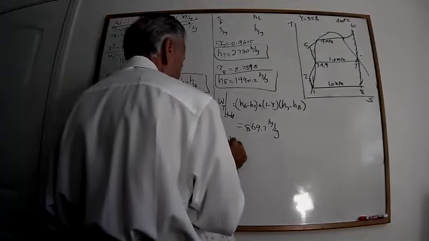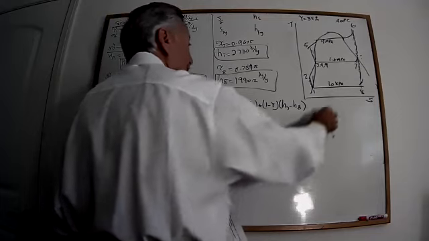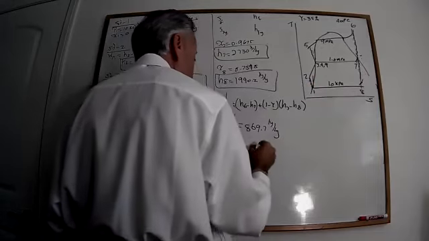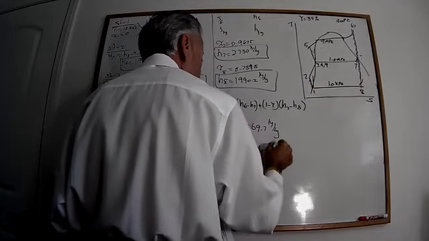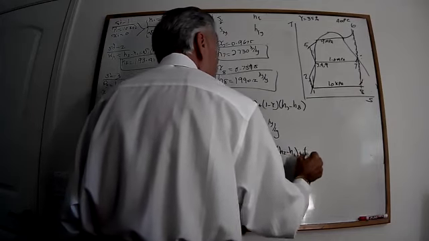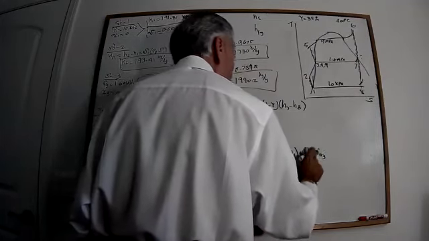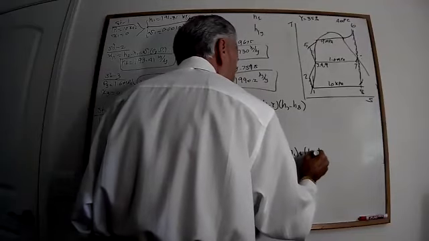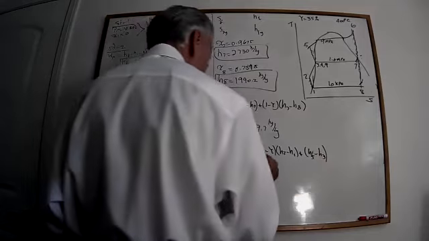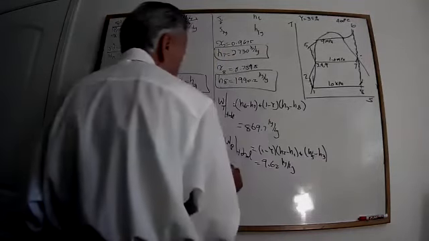Work of a pump total. The first pump has 1 minus Y because that comes in as a 1 minus Y. 1 minus Y times H2 minus H1 plus H5 minus H3. So total work of the pump becomes 9.62 kilojoule per kilogram.